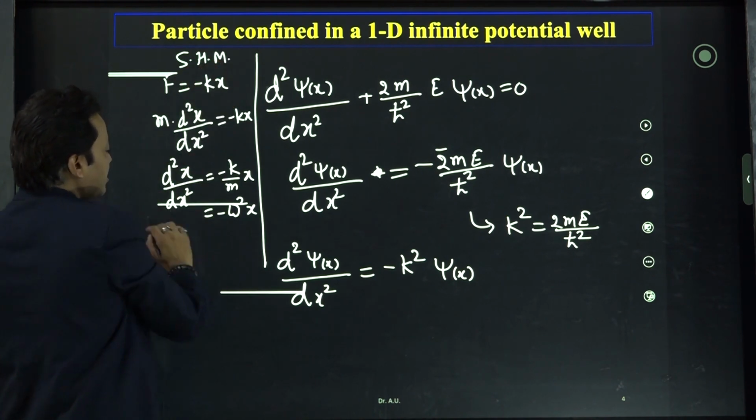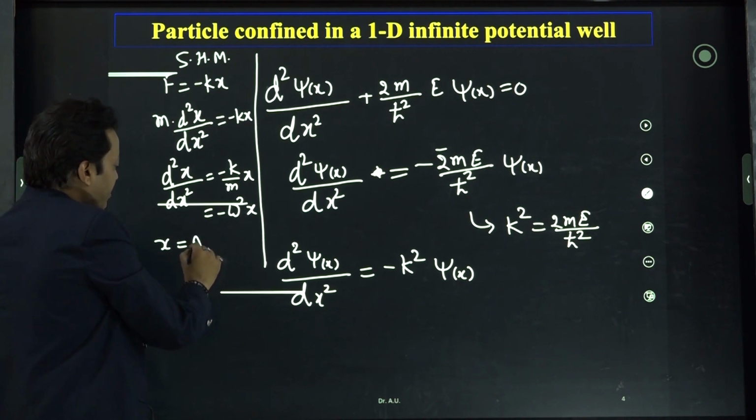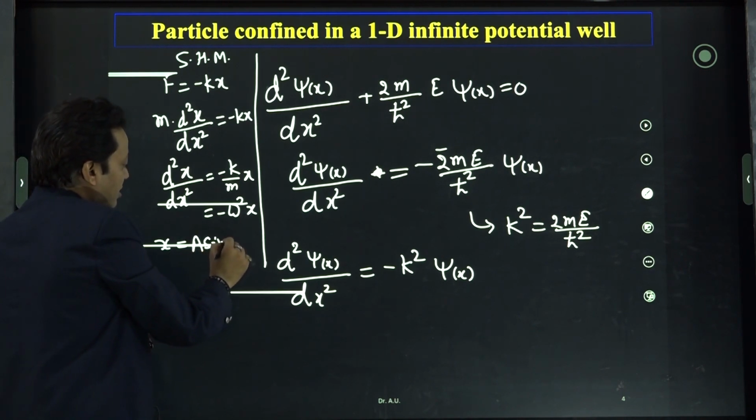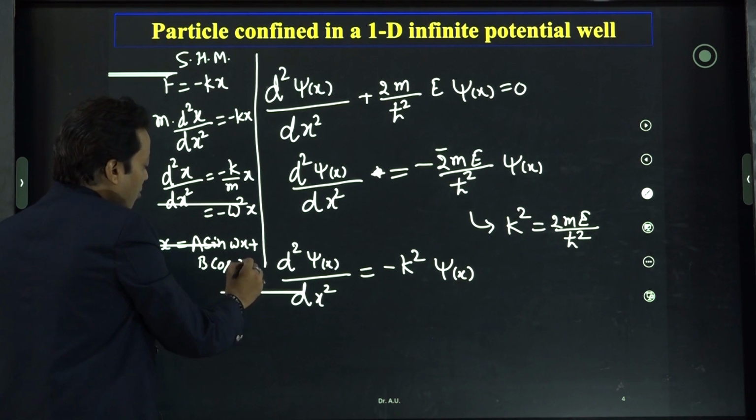The solution of this, if we check, is x is equal to a sine of omega t plus b cos omega t.